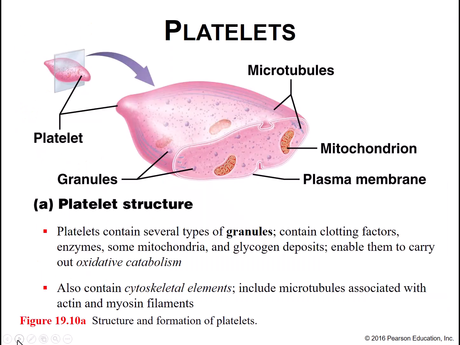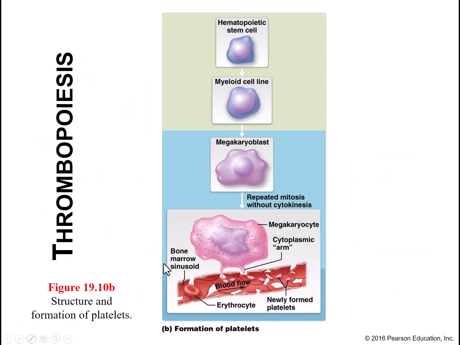Platelets are the last of our formed units, and platelets are actually just fragments of cells. They are anucleated also, and they play a major role in clotting. So platelets are derived from the hematopoietic stem cell, myeloid cell line, to a megakaryoblast, and the megakaryoblast undergoes repeated mitosis without cytokinesis, which gives you a megakaryocyte.